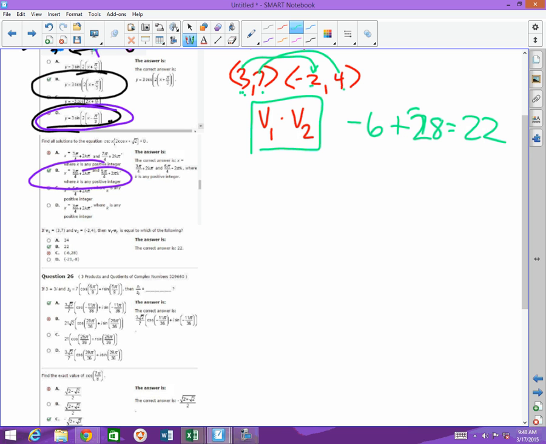Okay, next question down says you have 3 plus 3i, and then you have that other thing, which is 7, comma, cosine 5 pi over 9 plus i sine 5 pi over 9. And you're supposed to take these two things and divide them.